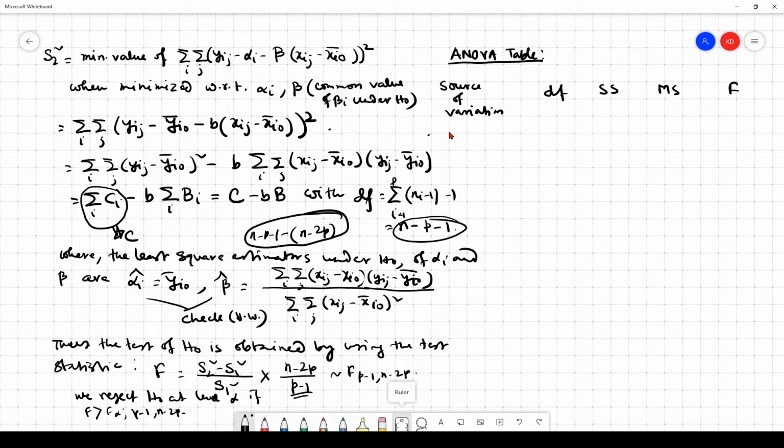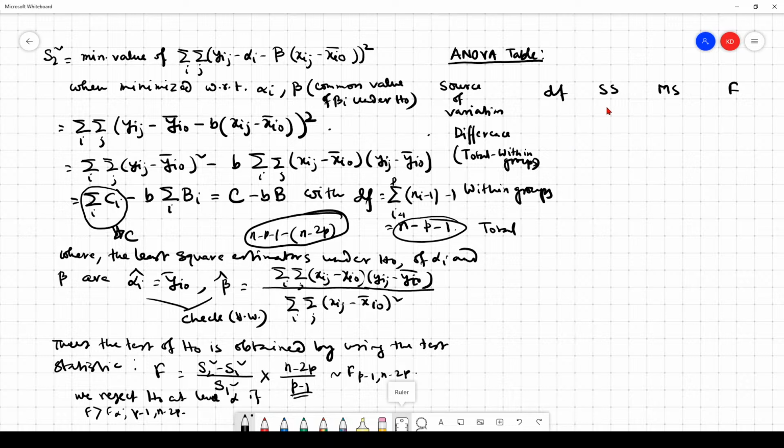The sources of variation are: first the difference, which is total minus within group, then within group, then total.